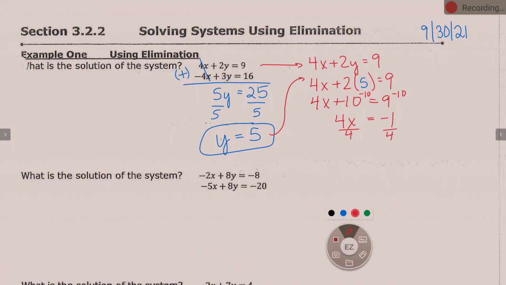If it's 4 times x, we're going to divide by 4, and x is negative 1/4. Yeah, it's a fraction, but hey, good news is it's an easy fraction. We're done with the problem, right? Do I have to use that 1/4? No. How are you going to express your answer before you move on?